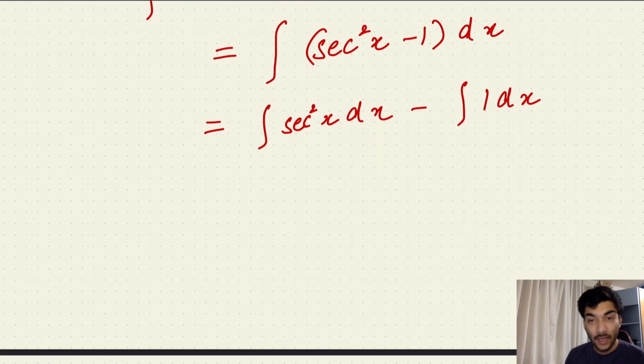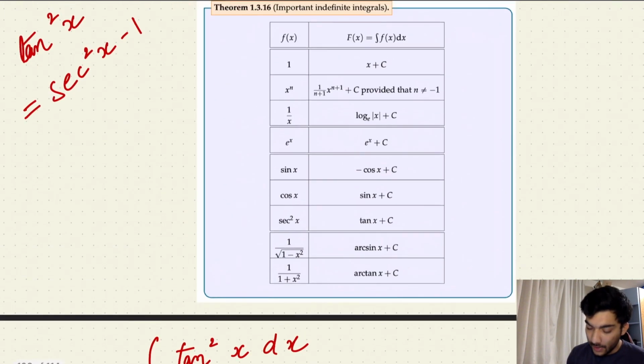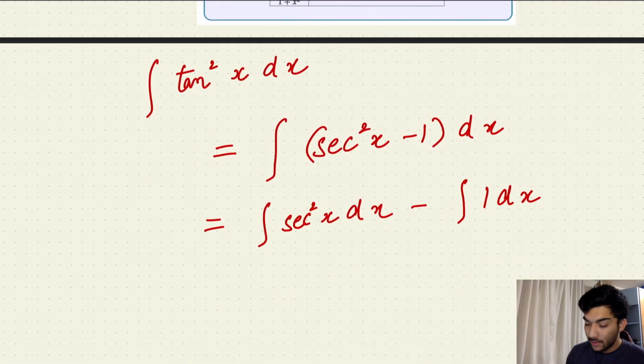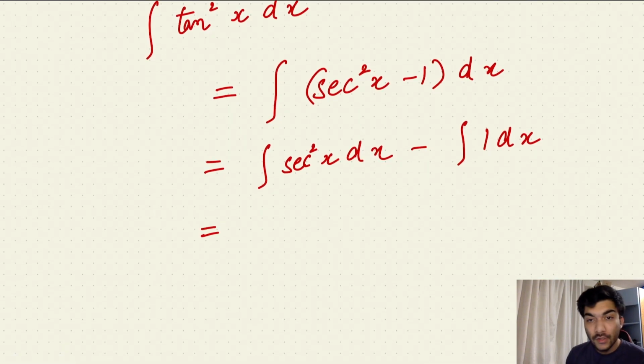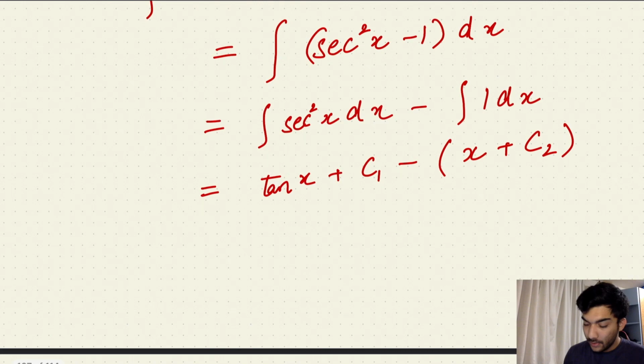And now based on the chart, I know that the indefinite integral of secant square x is tan x, and the indefinite integral of 1, as we already know, is x. So this becomes tan x plus, let's suppose c1 is the constant of integration for our first expression, and for the second expression it would be minus x plus, let's suppose c2 is the constant of integration for our second expression.